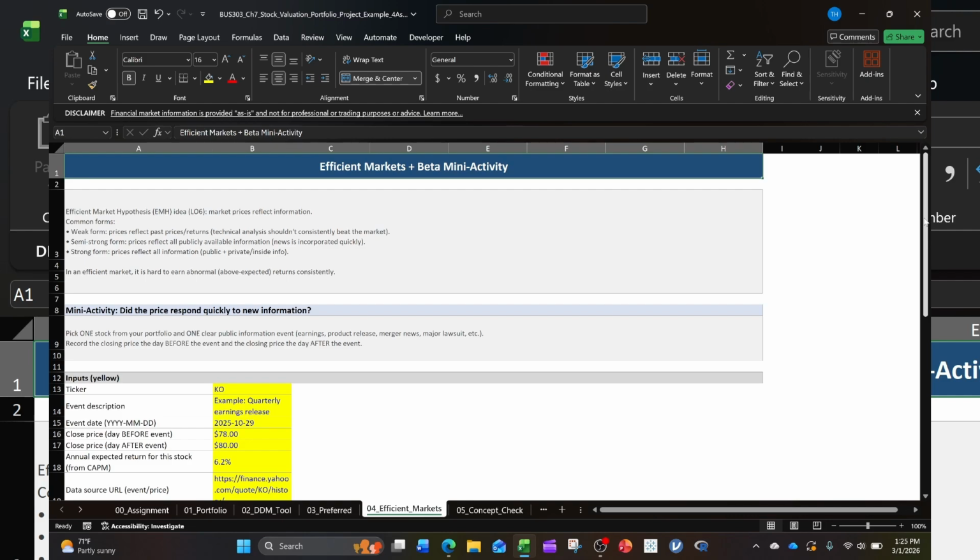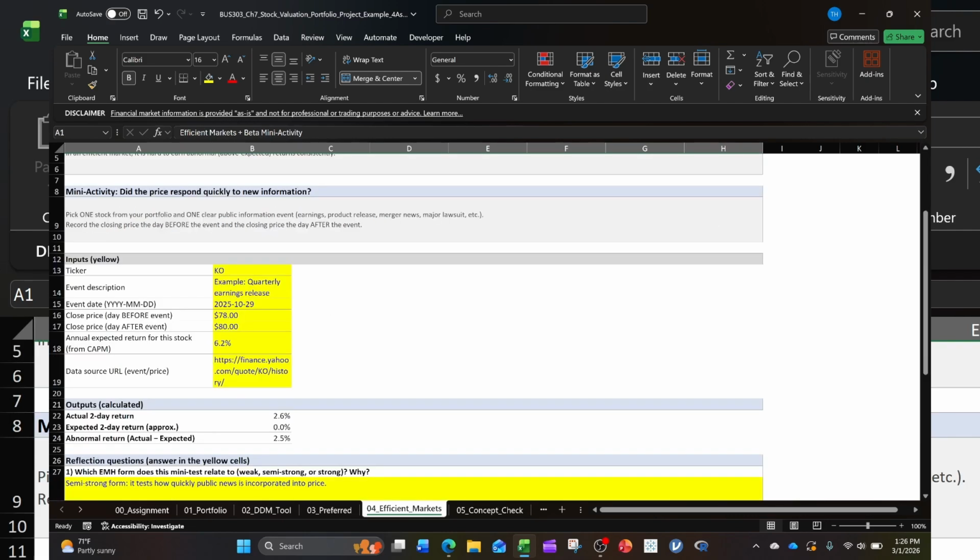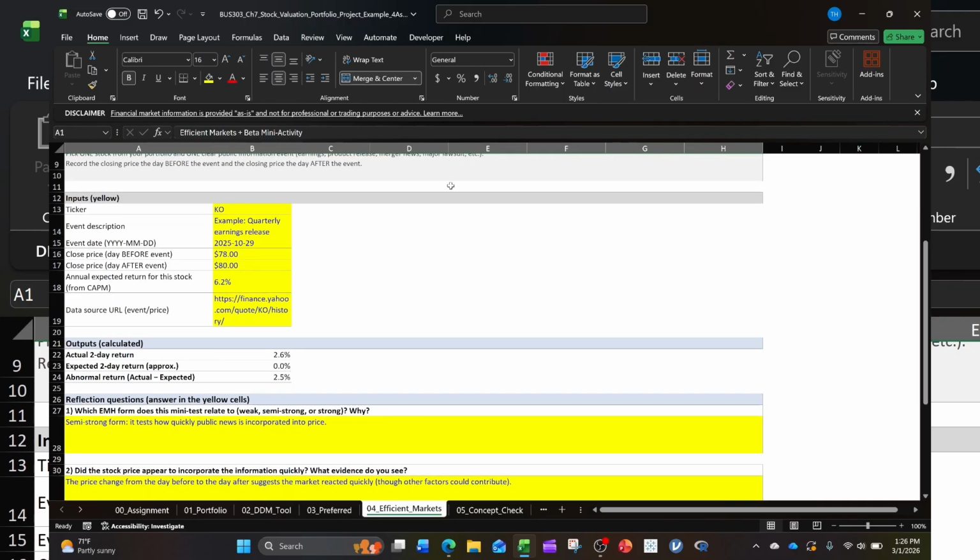Efficient markets, the EMH. So here I provide you with an example. Again, I went with Coke. Description is a quarterly earnings release for the event. The event date, when it happened.